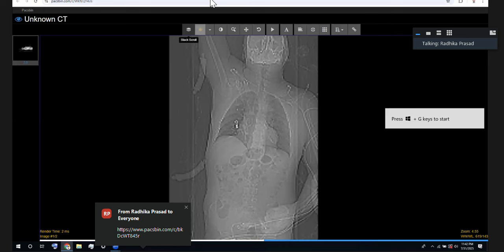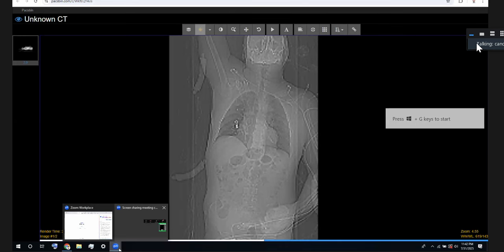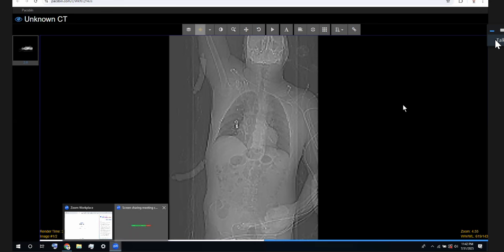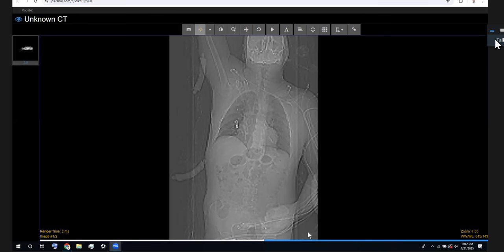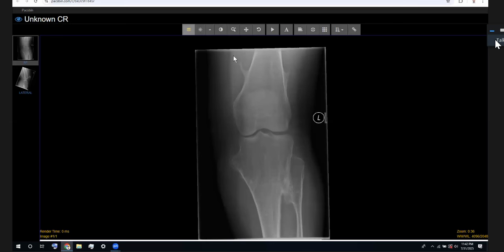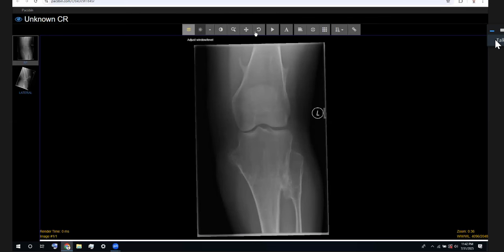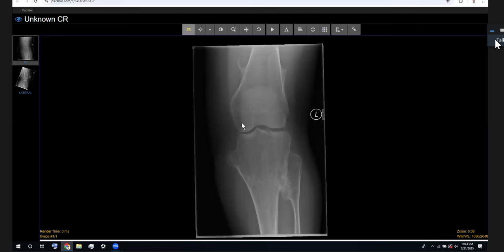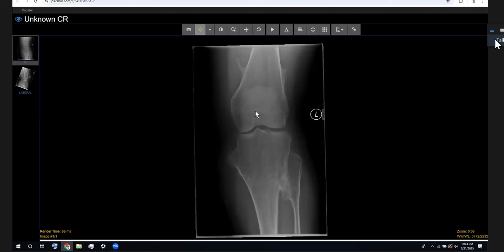I've just posted in a new case. One second. So it should be an X-ray of the knee. Perfect, excellent, so we can see that. I will just pop my timer on. 30 minutes. Off you go. Can I start? Yes, absolutely.